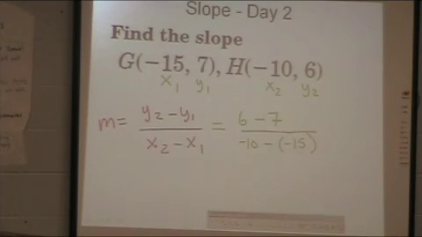Now the reason I put this second one in parentheses is because I had a minus and a negative. Now, 6 minus 7 is -1 over. Since I have a minus sign, I'm going to leave, change, opposite. -10 plus 15 is 5. So my slope for these 2 points is -1 over 5.